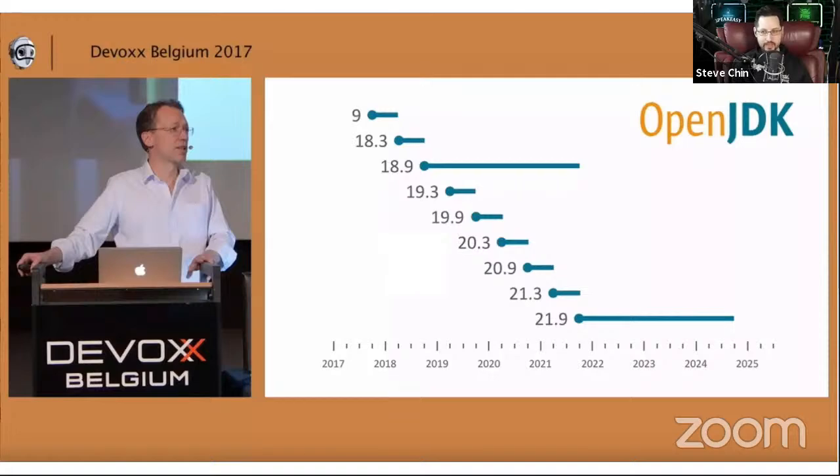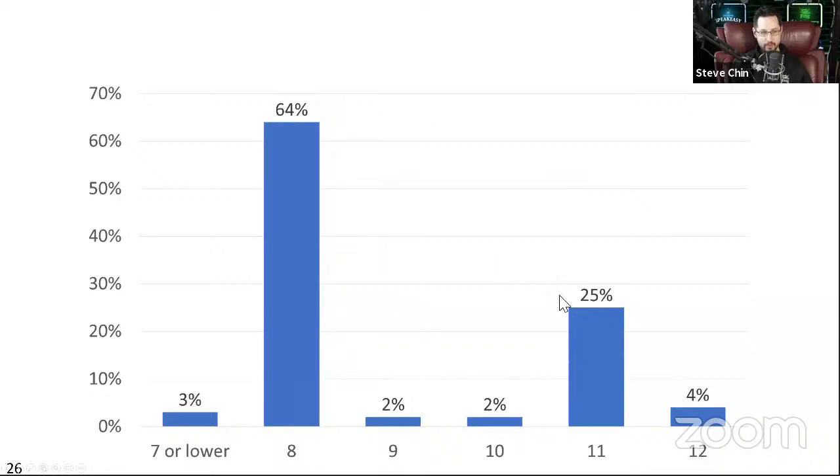Now, in the industry, we haven't kept up quite as well. This is the data from last year on how many folks were on different Java versions, and a lot of folks still on JDK 8. The adoption of JDK 11 at that time was about 25%. Hopefully, it's a little bit higher now.